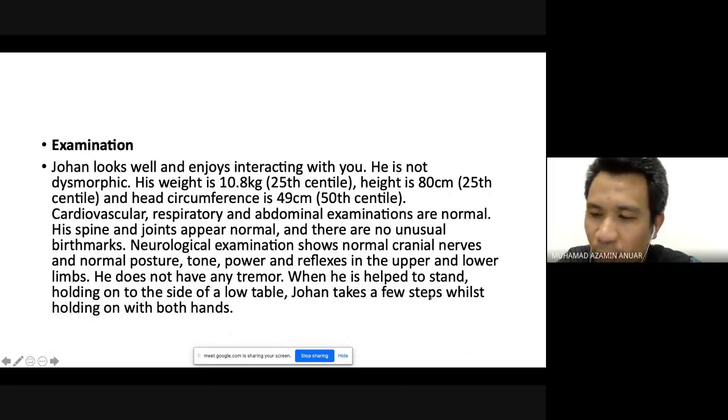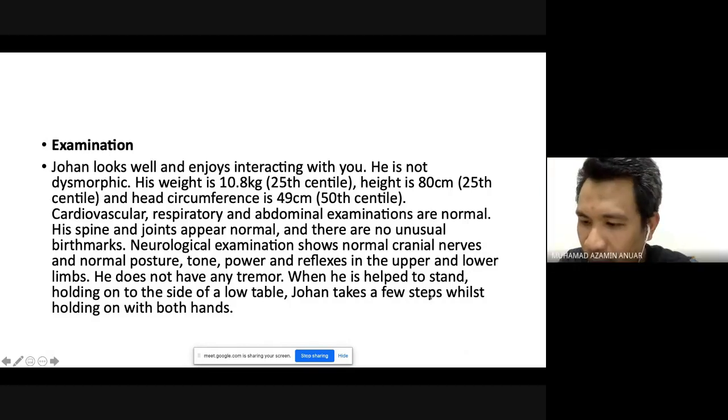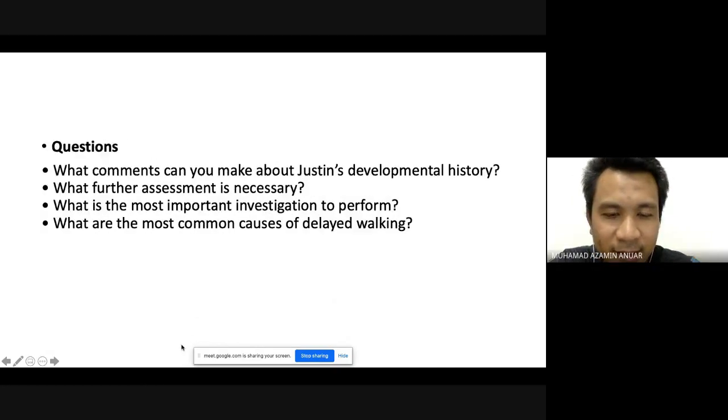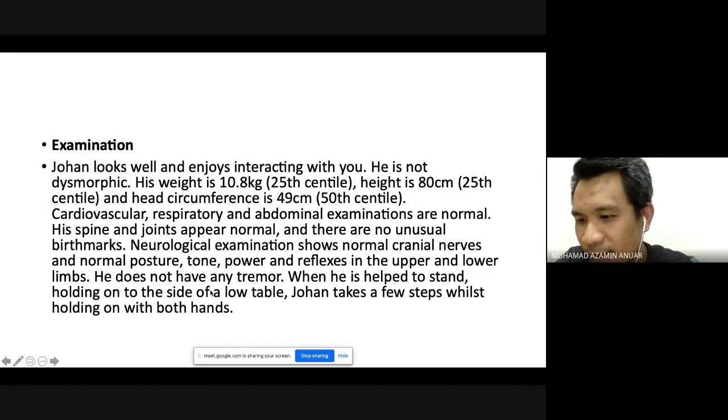So what you want to do? What other examination you want to do? Hello? Tak dengar eh? Yes, Doctor. Yes, Doctor. Yes, Doctor. Okay. So Khadijah, so what other examination you want to do?